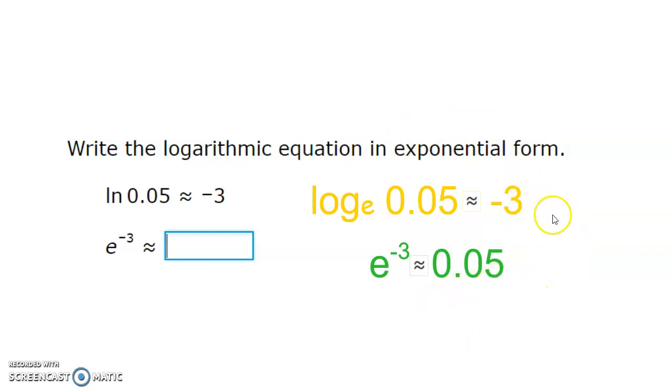So I've converted this into this. Now I can come over here and fill in the blank. Notice I've got e to the -3rd, that's this right here, and it's approximately 0.05. So that's what goes in the blank here. Therefore, the answer is 0.05.